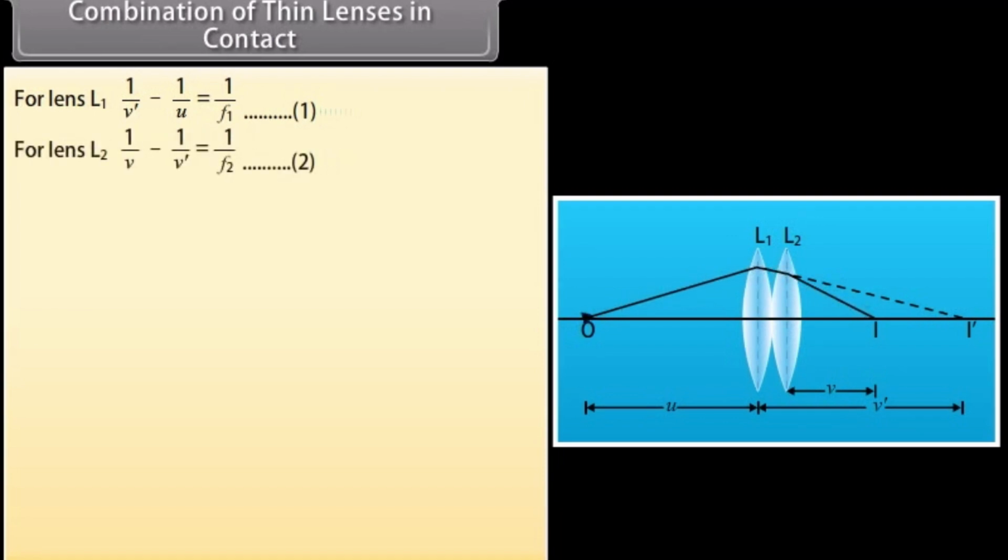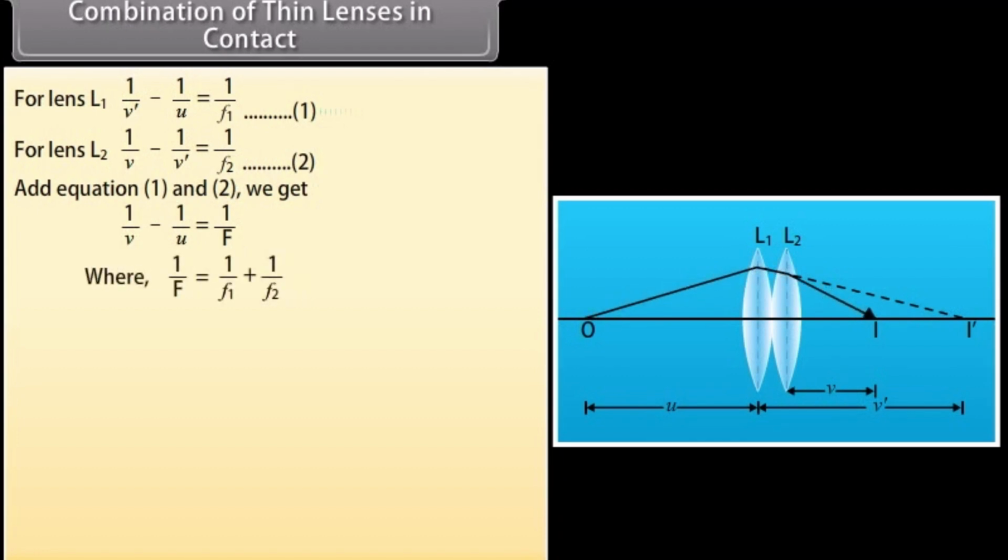For lens L2, 1/v minus 1/v' is equal to 1/f2, name it as equation 2. Add equations 1 and 2 and we get 1/v minus 1/u is equal to 1/f, where 1/f is equal to 1/f1 plus 1/f2.